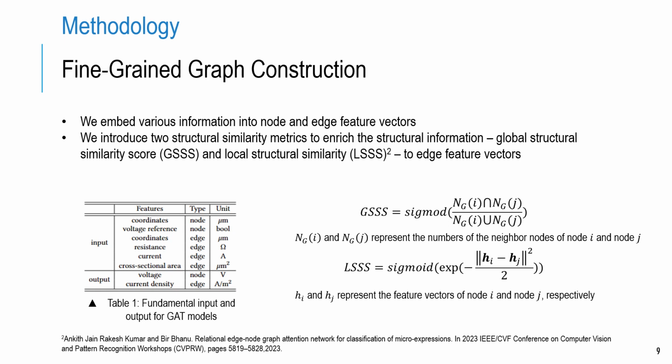These matrices are designed to capture the structural characteristics of the graph more effectively. By integrating these feature vectors and enhancement techniques, our fine-grained graph representation enables the model to learn more detailed characteristics of the TSV structure and its electrical properties.